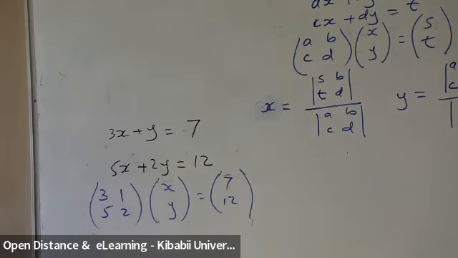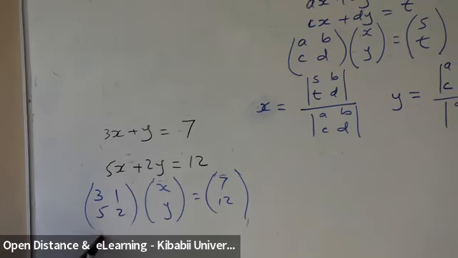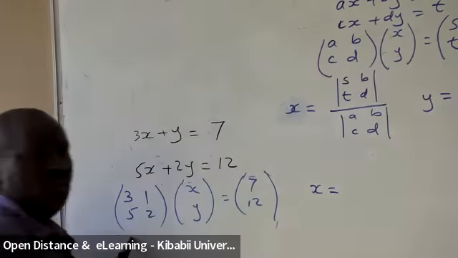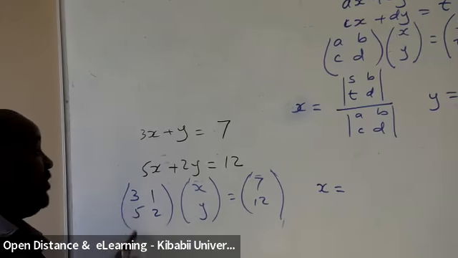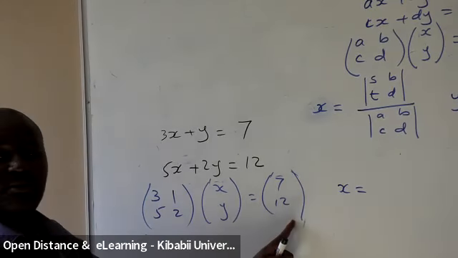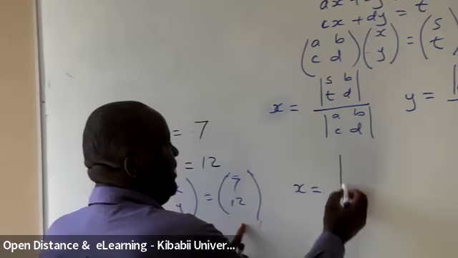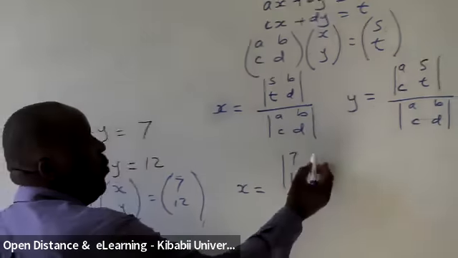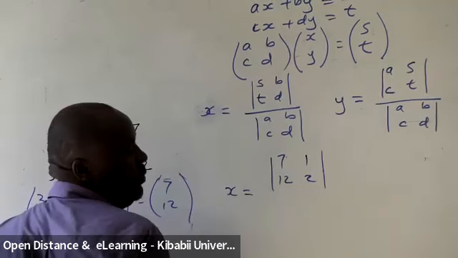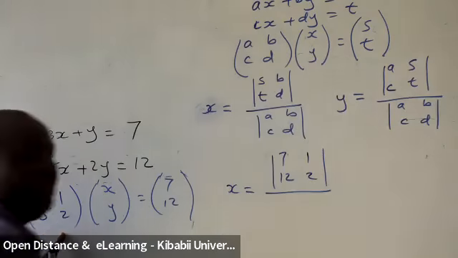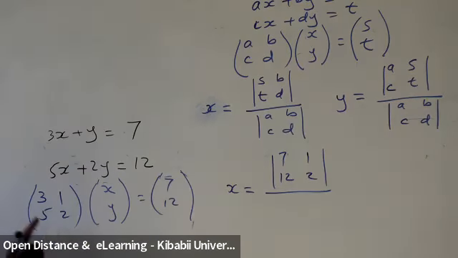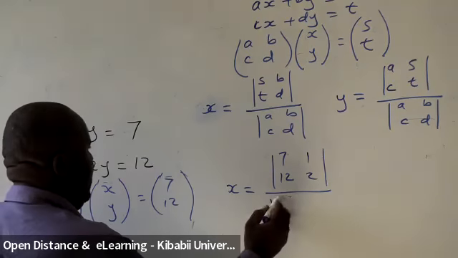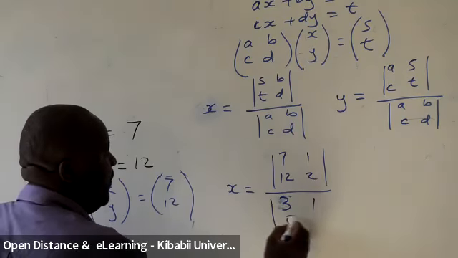So if we want to solve for x, we substitute the coefficients of x by the constants. This will give us 7, 12. Then those of y remain 1, 2. Divided by the determinant of the coefficient matrix, 3, 1, 5, 2.